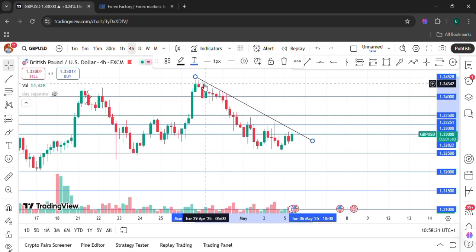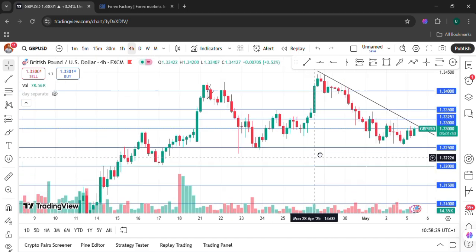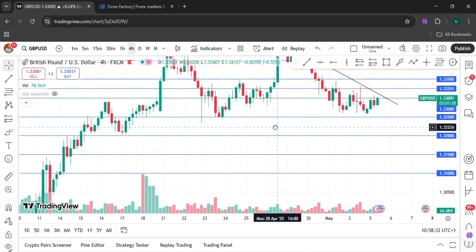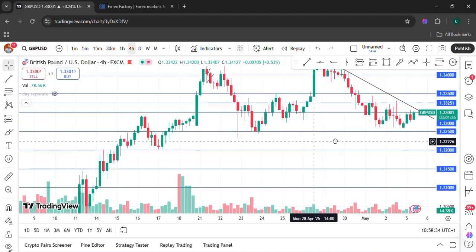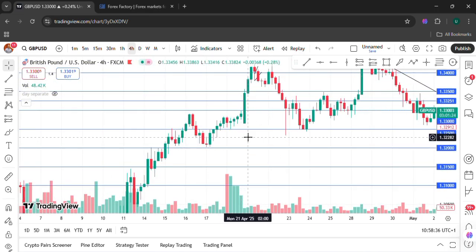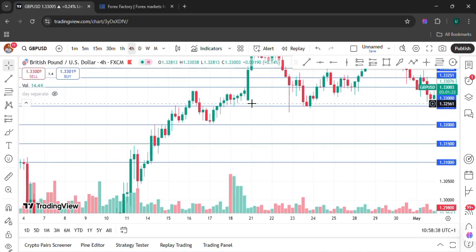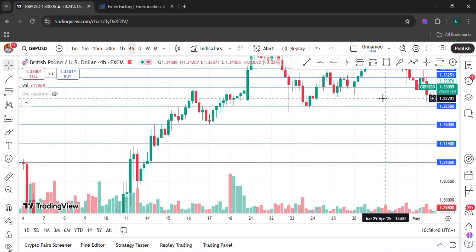As you can see, the price has tested here twice, and now it might test here also. So let's check for the downward trend line and see what we can get. There's no relevant trend line there.